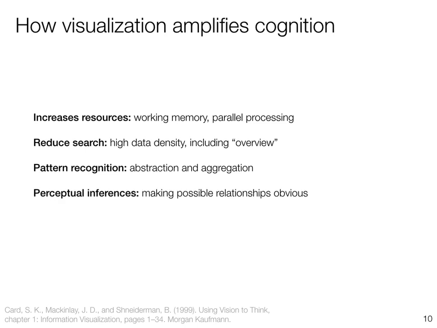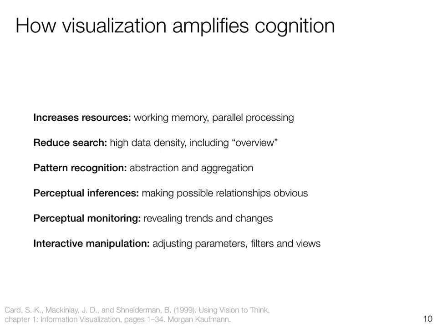We can make perceptual inferences, so relationships between different data dimensions might become more visible and thus maybe more obvious. We can also monitor changes over time, so we can see how trends are developing. This is of course very current right now, as we are constantly checking the numbers of cases and deaths due to the coronavirus epidemic.